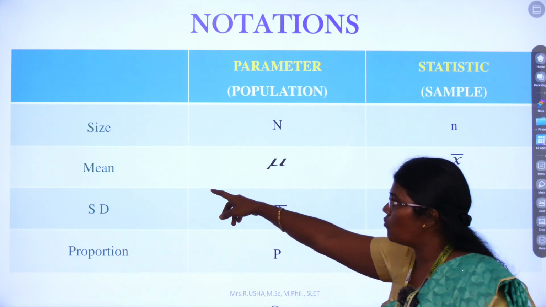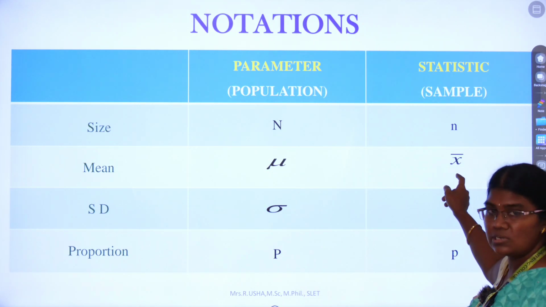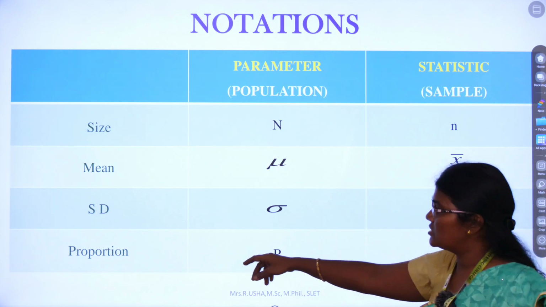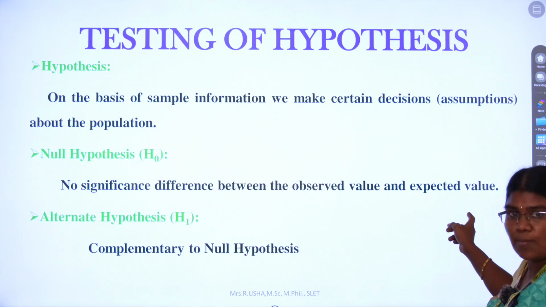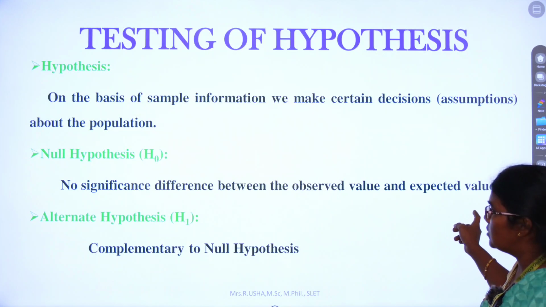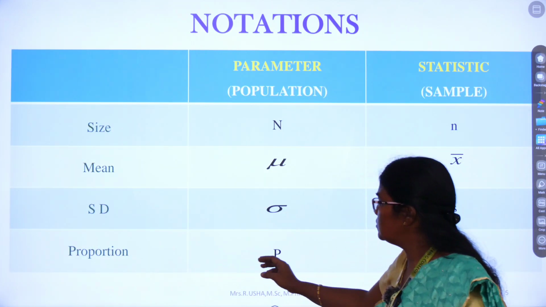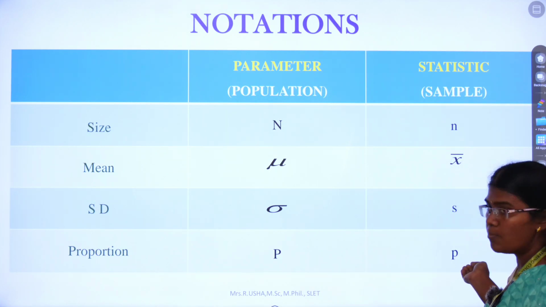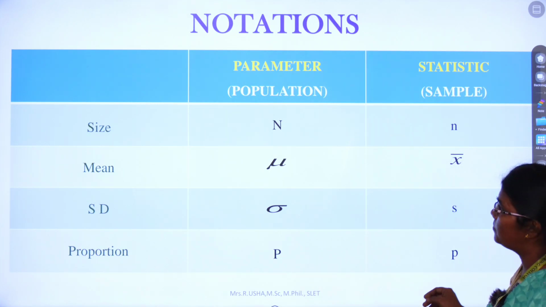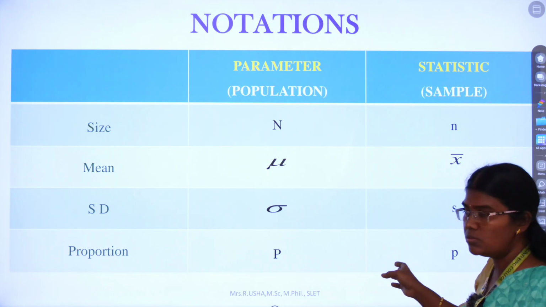For the mean, the population notation is mu, and for the sample it is x bar. For standard deviation it is sigma, and for the sample it is small s. And for proportion it is capital P, and for the sample it is small p. These are the important notations we are going to use in problems.